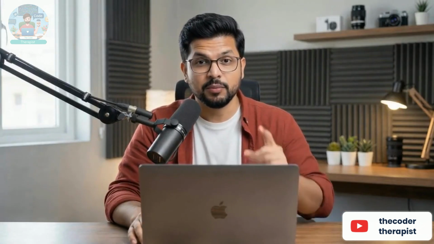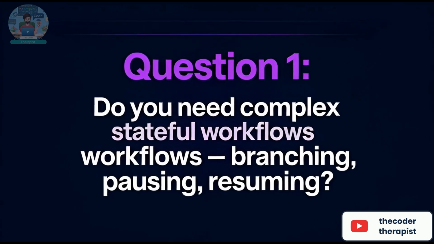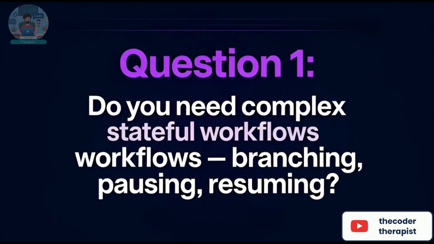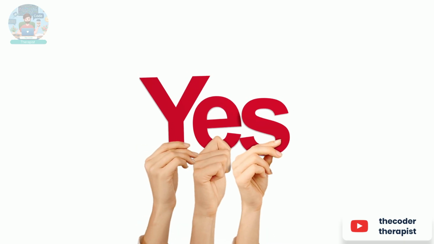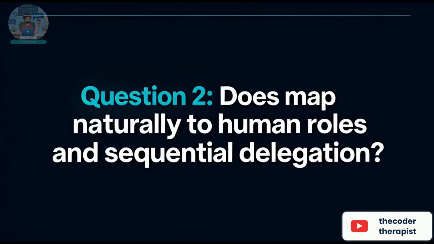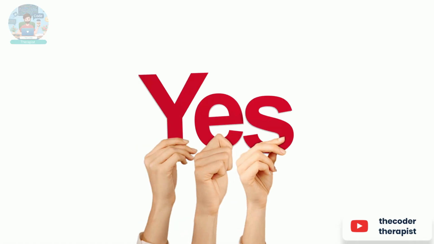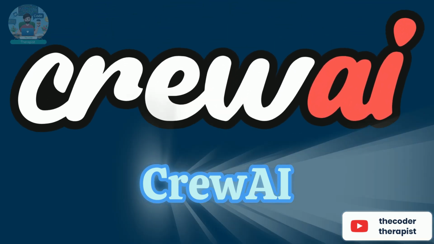3 questions, answer them, and you have your framework. Question 1, do you need complex, stateful workflows, branching, pausing, resuming? If yes, LangGraph. Question 2, does your task map naturally to human roles and sequential delegation? If yes, CrewAI.